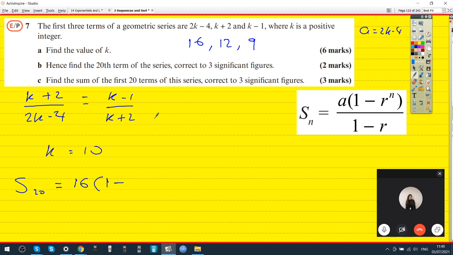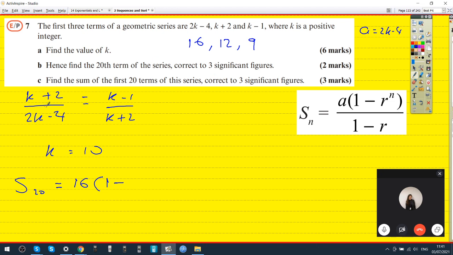12 over 16, basically? Or 9 over 12? Like 16 times R gives you 12 over 16.